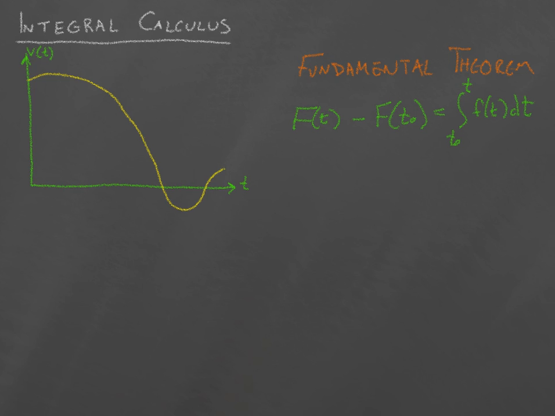Now notice we don't care about the constant, because if this was F of t plus c, the minus sign turns that into a minus c, so the c's just cancel out, so we lose the constant there.